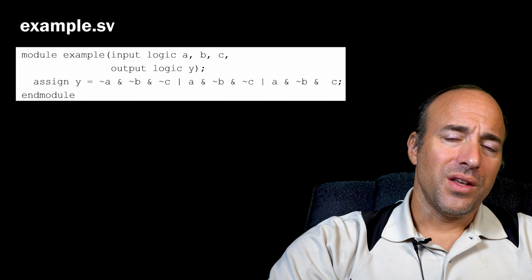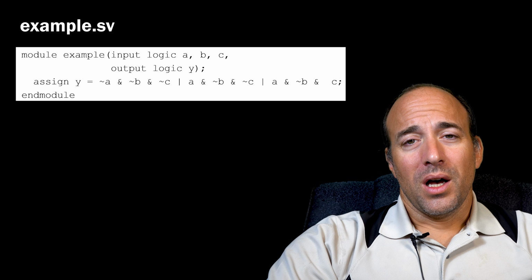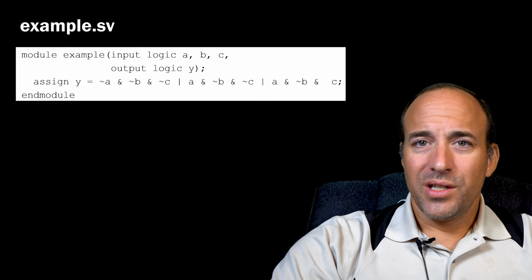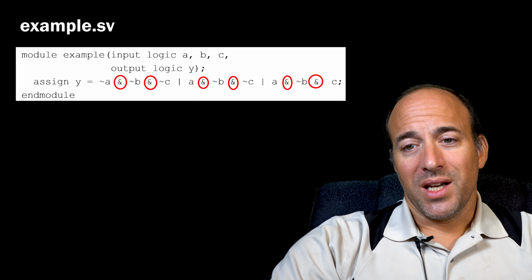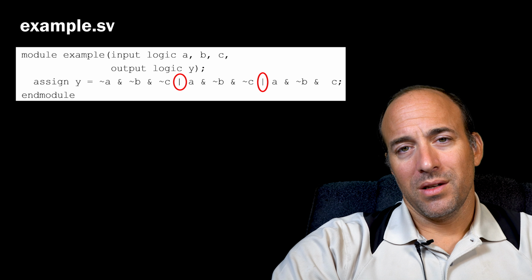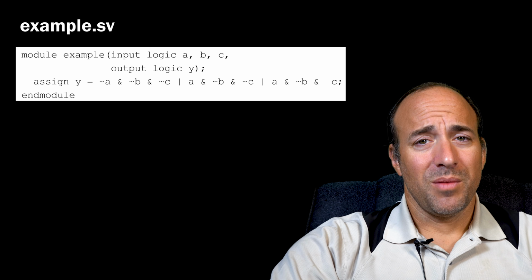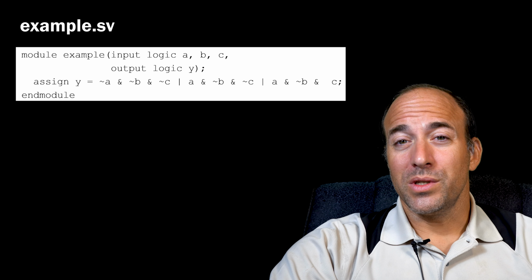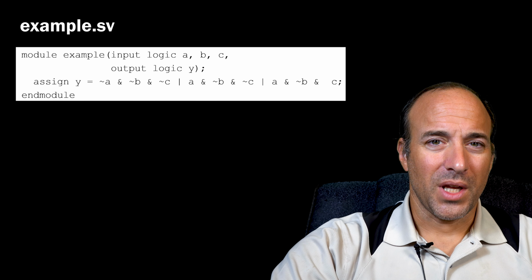In this case, the assignment statement is driving the output y using a simple Boolean expression. The tilde denotes a complement operation, the ampersand an and operation, and the vertical bar an or operation. And so these are already familiar to you from Java and C++, except possibly the tilde, because you may be used to using an exclamation point to denote a logical not.